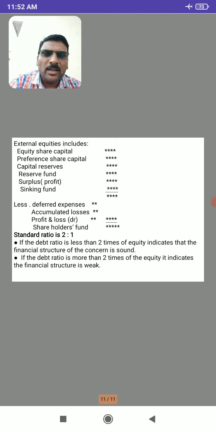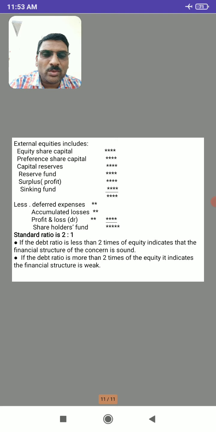In the debt equity ratio, the firm has to maintain the standard ratio at 2:1. The ratio should be restricted to 2:1. If the debt is less than 2 times the equity, it indicates that the financial structure of the concern is sound.